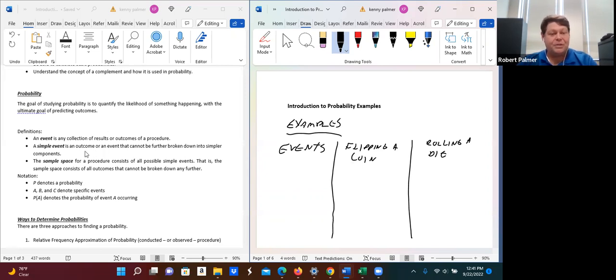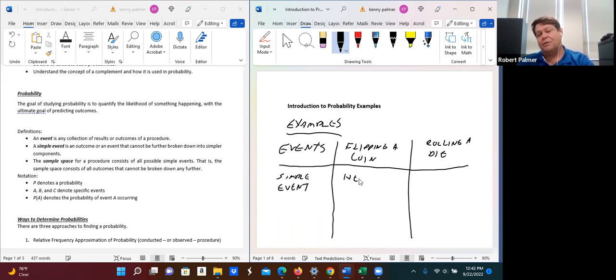Okay. Now, a simple event is an outcome that cannot be further broken down into simpler components. Okay, so a simple event for these examples would be like getting heads or tails.